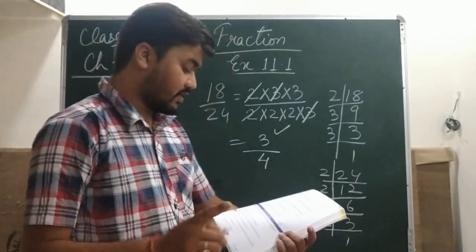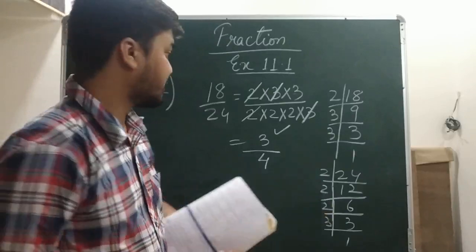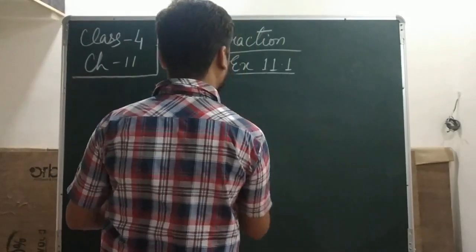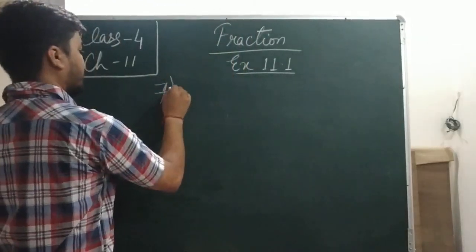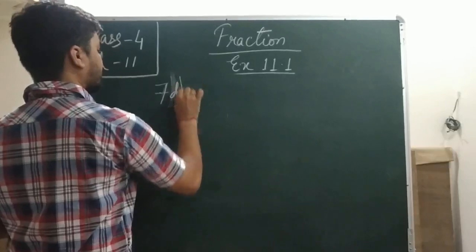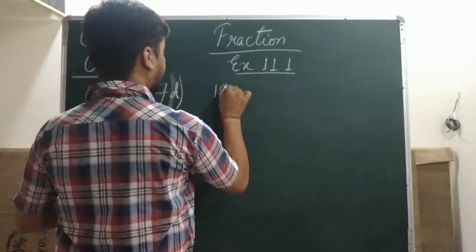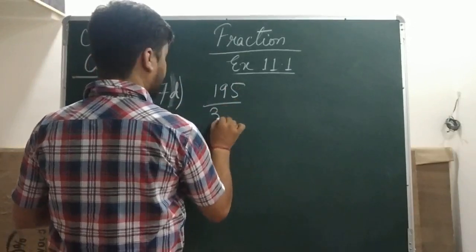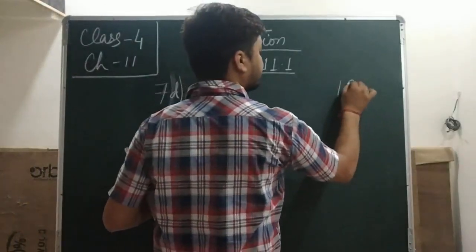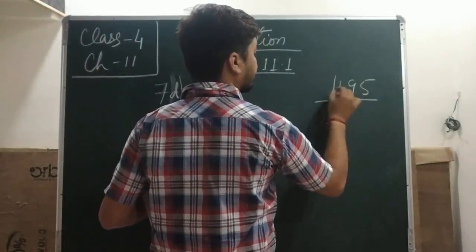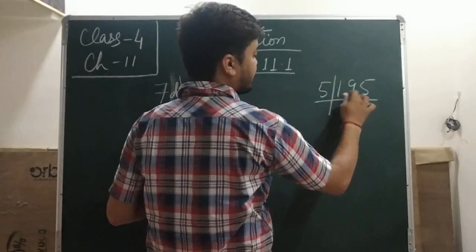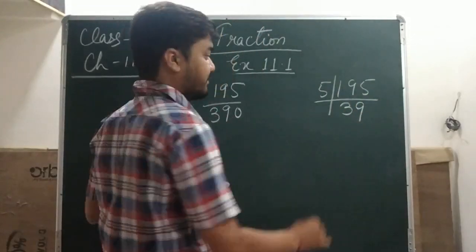Okay. Now one more part I will do, the last part. In this number also we will do the same process. Five threes are 15, 5 nines are 45.